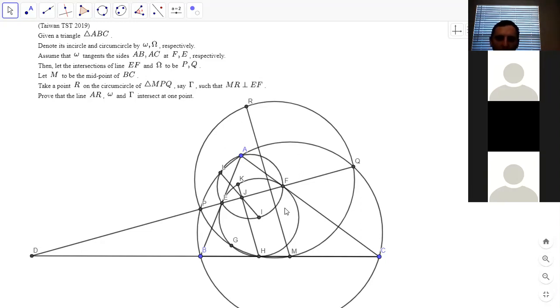So we need to prove that E, F, K, G is a harmonic quadrilateral, right? I've seen that before. I think that was on IMO 2019 number 6. Let's see. So we want to show EKFG is harmonic, right?